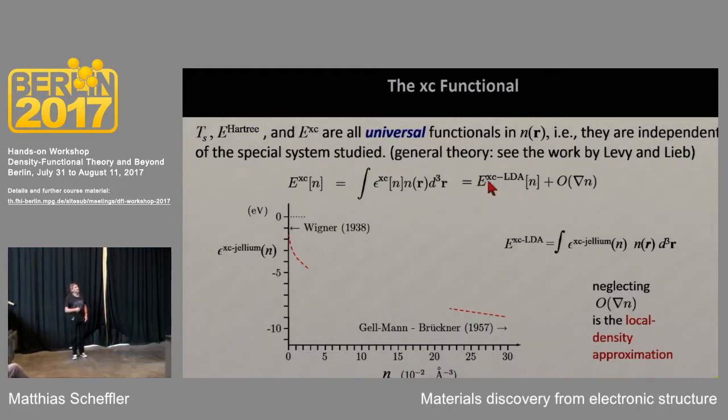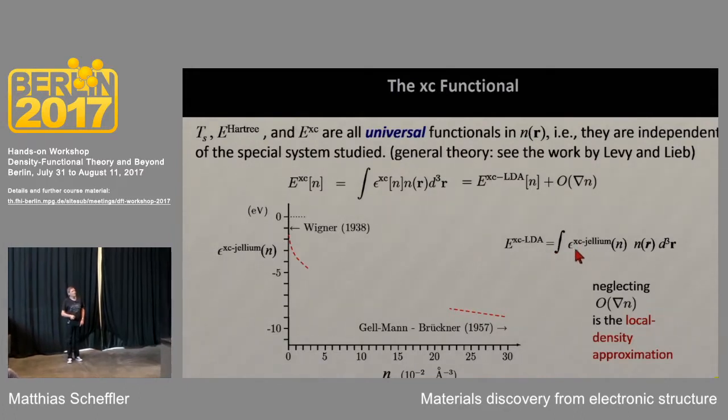This E_XC of a constant electron density is called the exchange correlation energy per particle of the electron gas, and as n is constant, this is now a function. This has been studied even before density functional theory, in the 1920s.